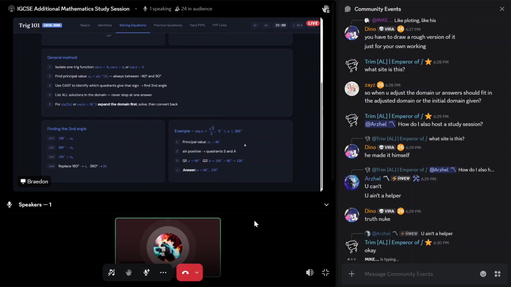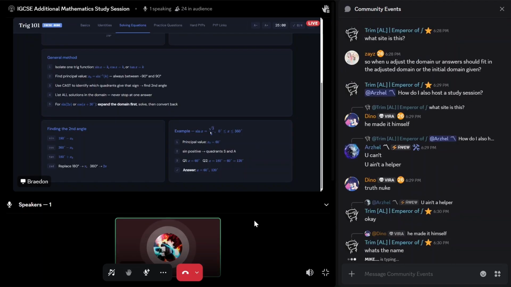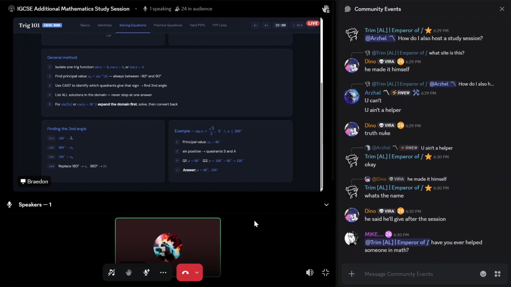Sine is positive in the second quadrant, so since the answer is positive, it's A and S. The first solution is 60, the principal value itself. The second angle, using this formula, is 180 minus 60, which is 120. But I wouldn't advise memorizing a formula to answer a question. I would suggest drawing the ASTC out and then doing it.